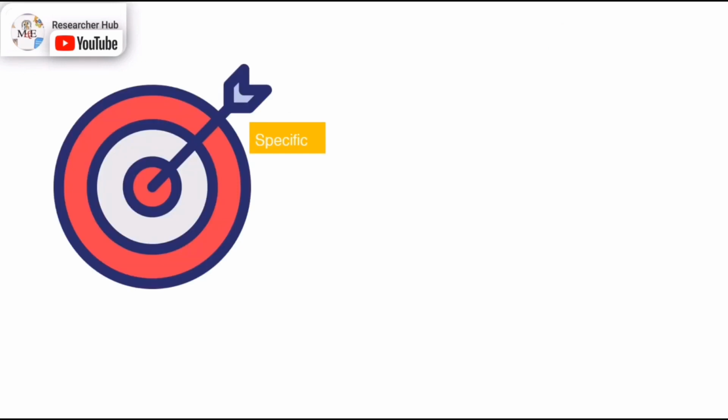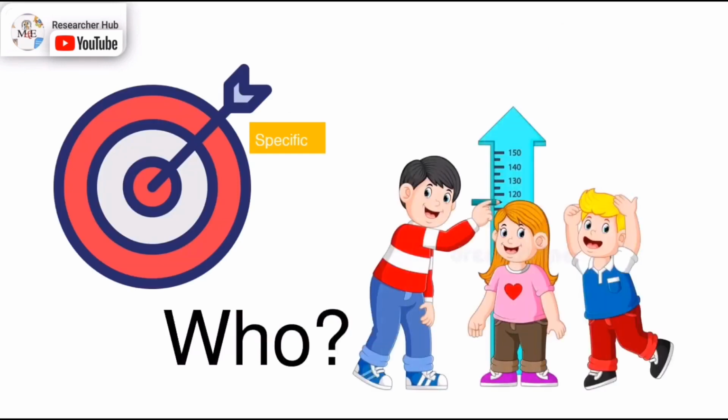Next, if you are going to measure people, it must be clear who you would like to measure. From that statement, one can tell exactly who you would like to measure. Just like this picture.